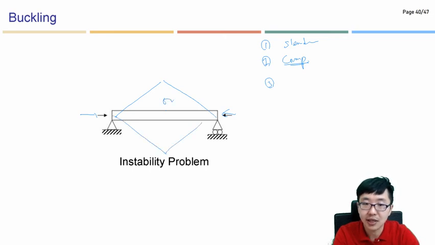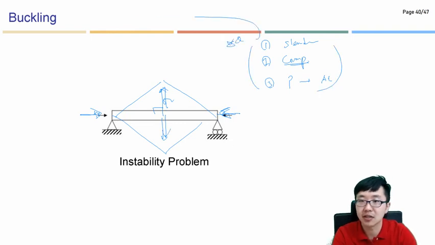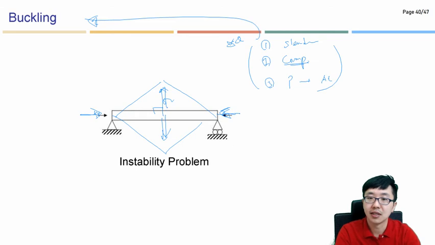Look at the direction of the deformation. This is exactly perpendicular to our applied loading. So it will be perpendicular to applied loading. This is applied loading direction, but deformation will be like that. So this is my definition of buckling, right?